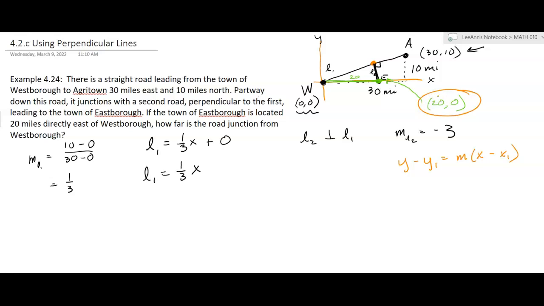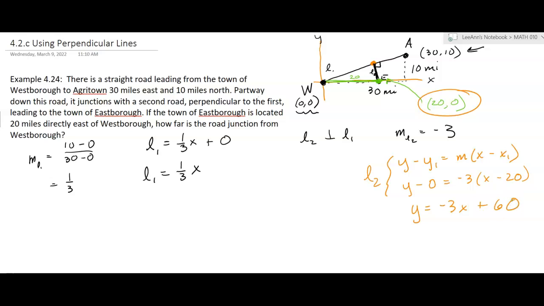I know the point 20, 0. So y minus 0 equals negative 3 times x minus 20. Now this is all for line 2. Y equals negative 3x plus 60.